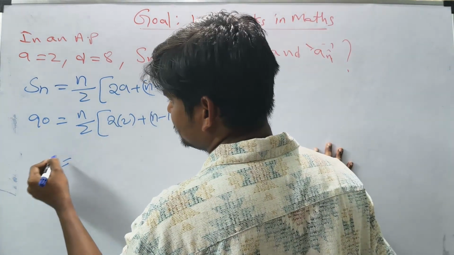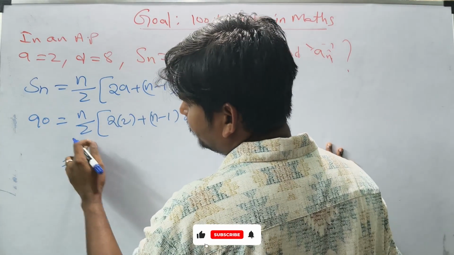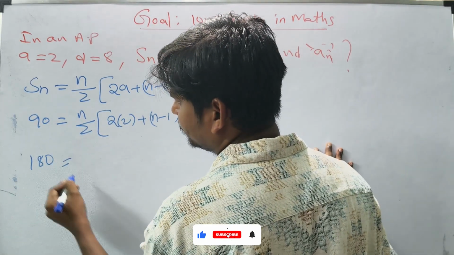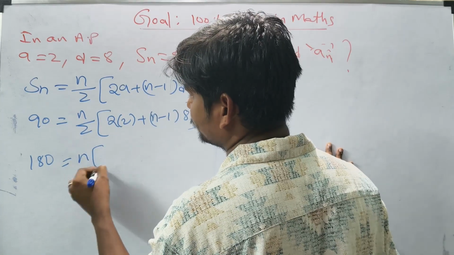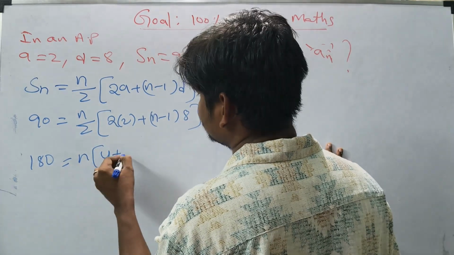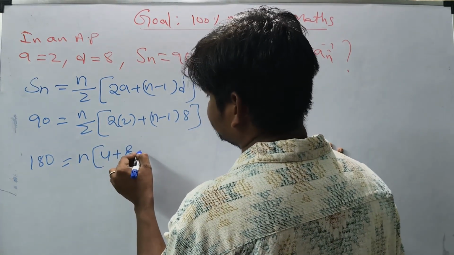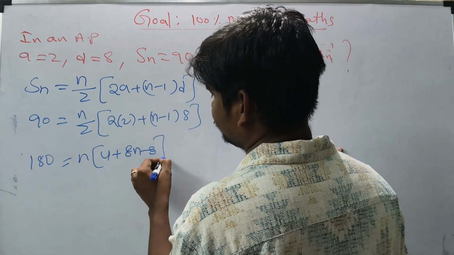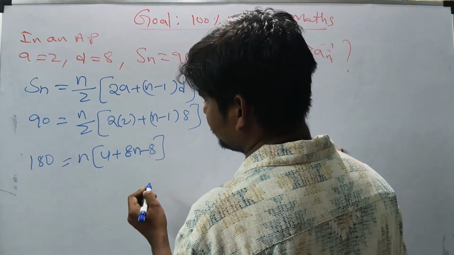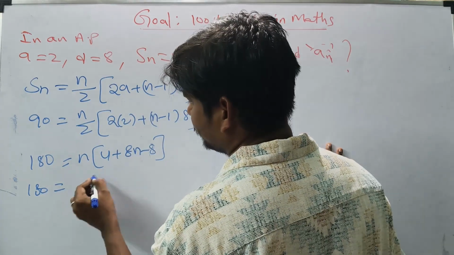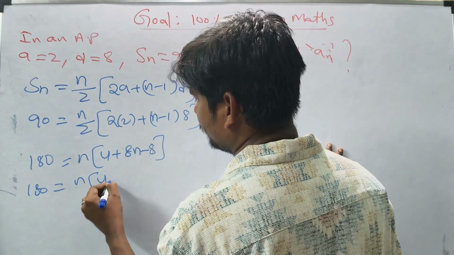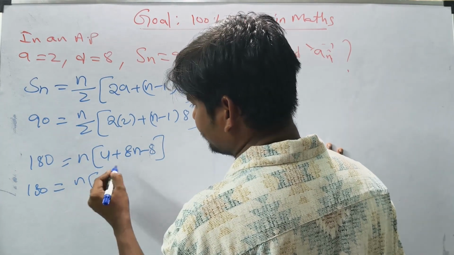If you simplify this, now here 2 is dividing. If you transpose this side, now multiply it, then you will get 180. n into, now 4 plus 8n minus 8. From this, 180 is equal to n into (8n minus 4) only, right?